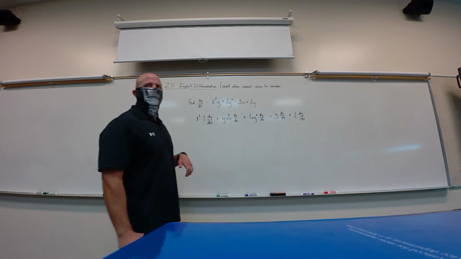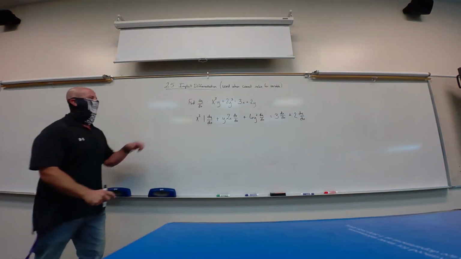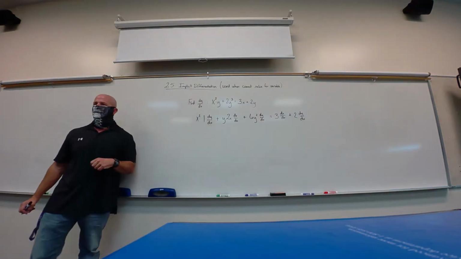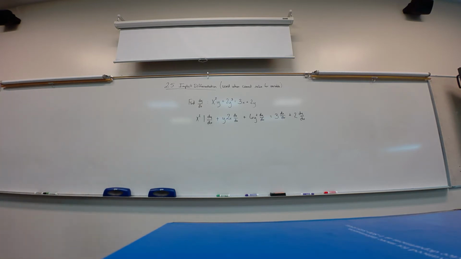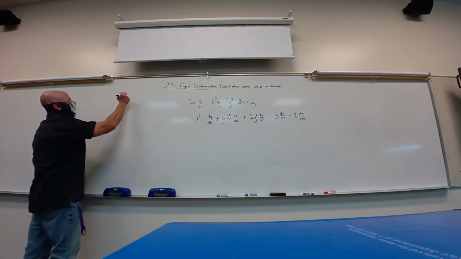That's always over dx, because that's what we were asked to find, the derivative with respect to x. We're looking for that derivative with respect to x, so that's why it's always over x. No tricks there.